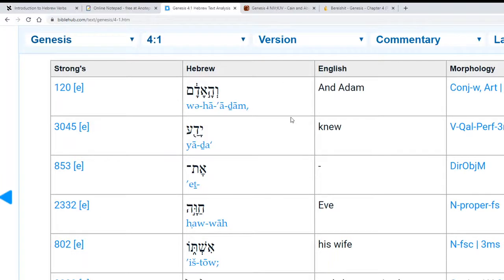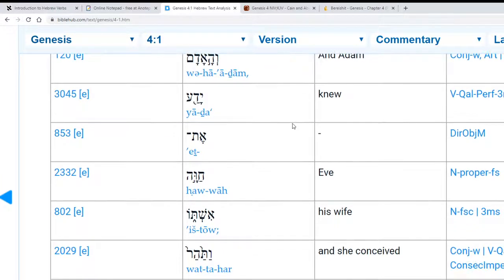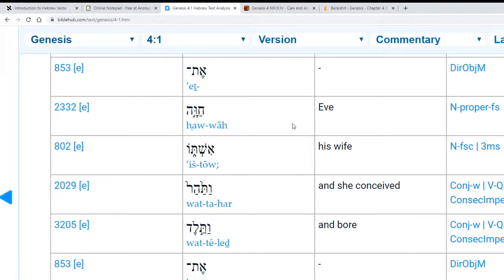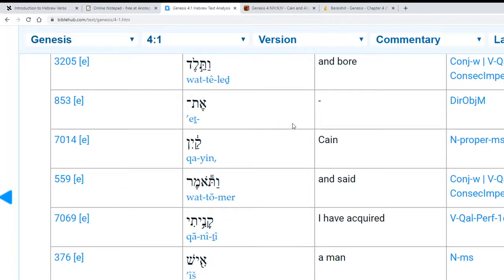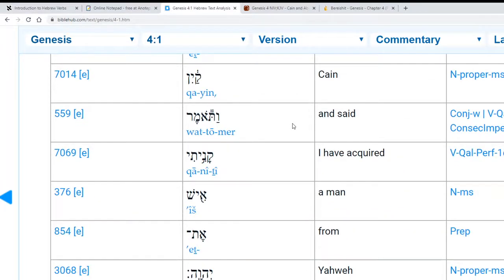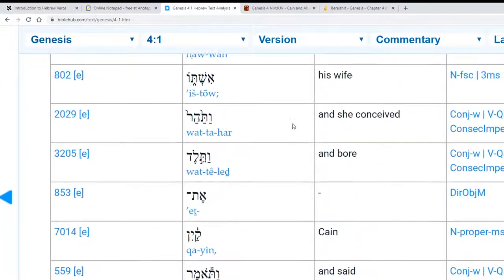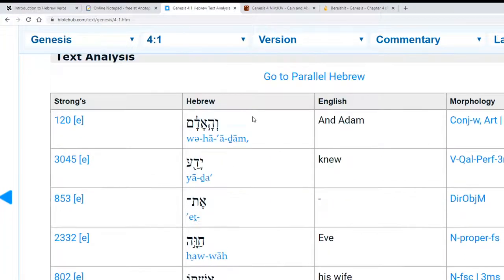Here, Ve'ha'adam yada et Chava ishto vatahar vateled et Qain vatomer qaniti ish et Havaya, right, name of God. So let's start at the beginning.